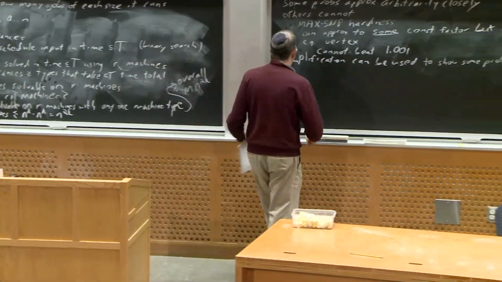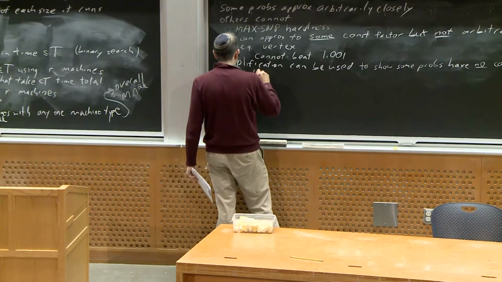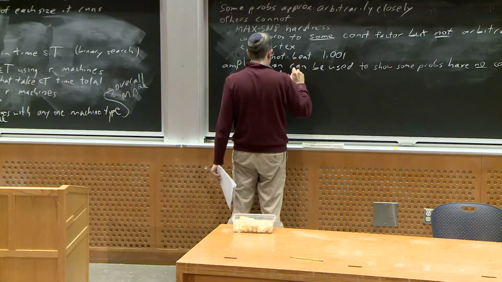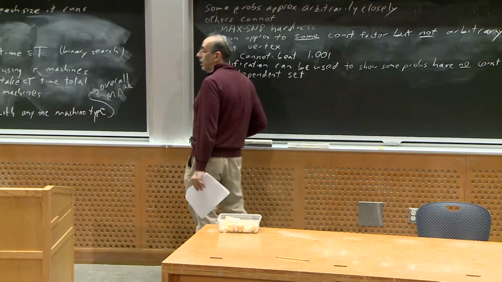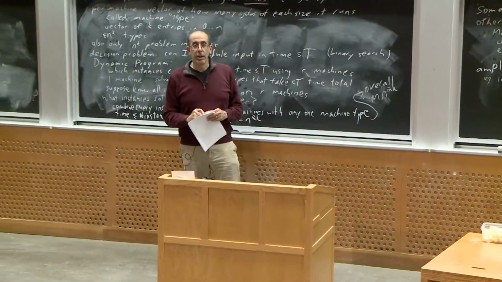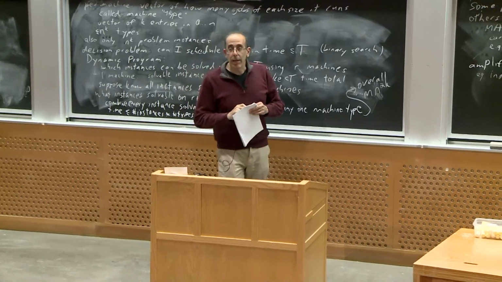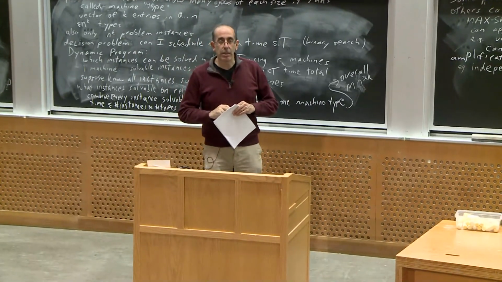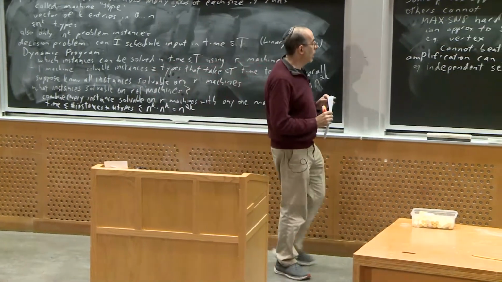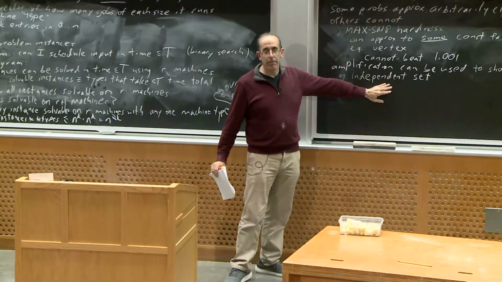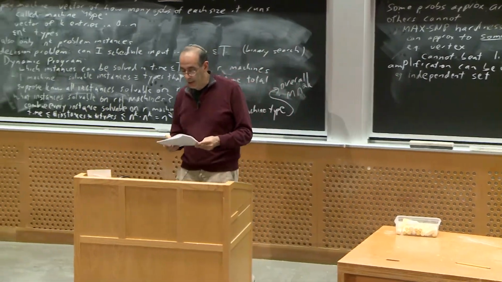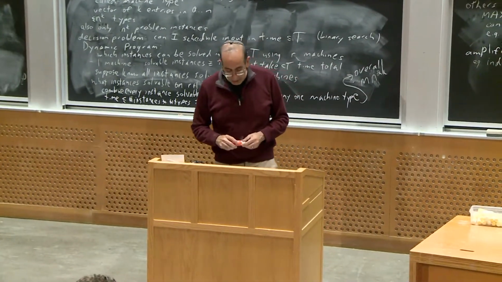And so, for example, the independent set problem is a problem that cannot be approximated to within any constant factor. Because if you did, you would be able to approximate it past its hardness boundary. Okay? And I think I give you that amplification, the problem of amplifying independent set, on this week's homework, if I remember correctly.